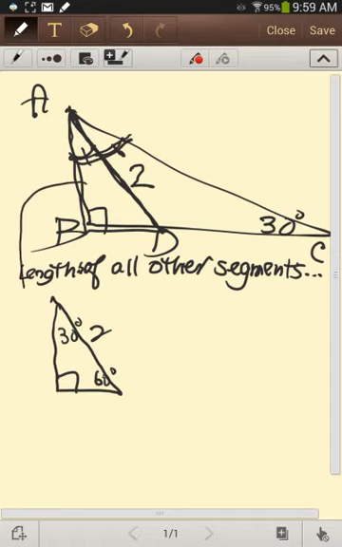Then I copied the triangle down here, and using our relationships in a 30, 60, 90 triangle, we know the side opposite the 30 is 1/2 the hypotenuse. That is, the ratio between the shorter leg and the hypotenuse is 1 to 2. And then the longer leg is radical 3 times the shorter leg. So that would be the case here.